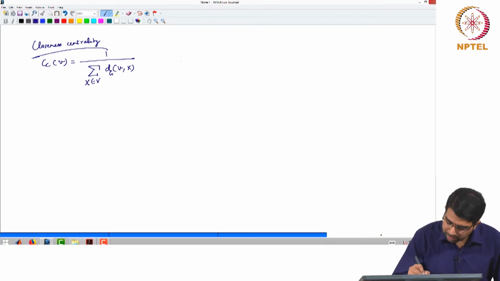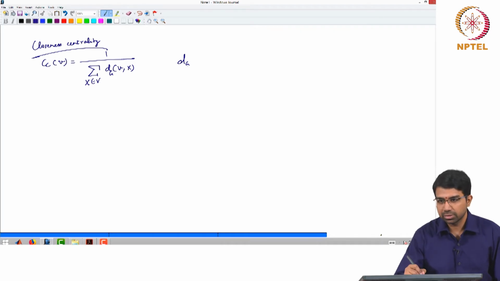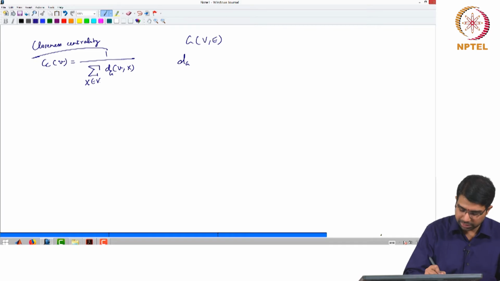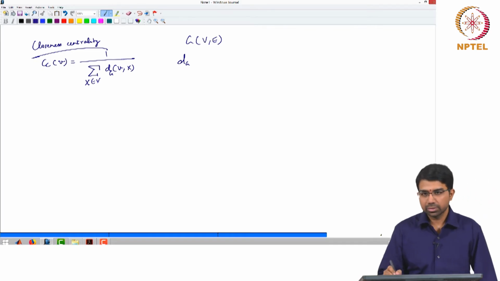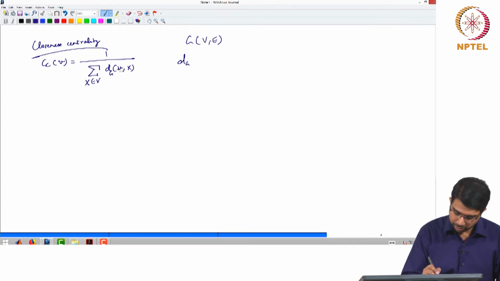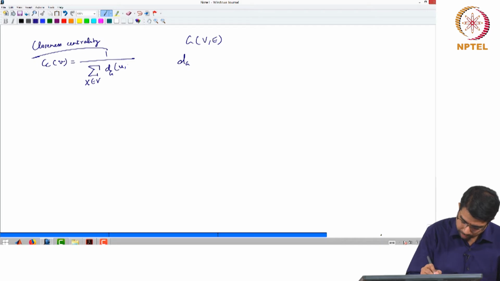So, dG is basically distance on the graph G. We always talk about the graph (V, E), where V is the set of vertices, or maybe I should call it dG.